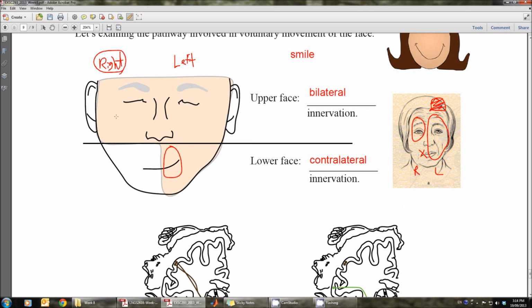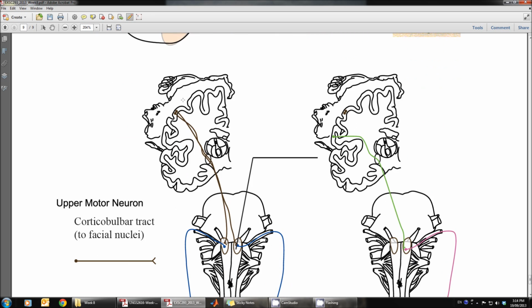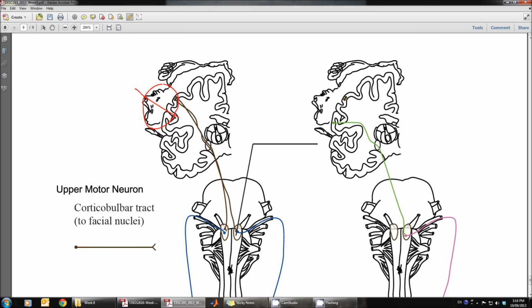So let's actually look into how the upper face and lower face are innervated in this situation. So in the right side, the right side of the cortex is drawn here. And we're going to use this homunculus that represents the face area, specifically the upper part of the face area. And it goes through the internal capsule, just as the lateral and medial corticospinal tract.